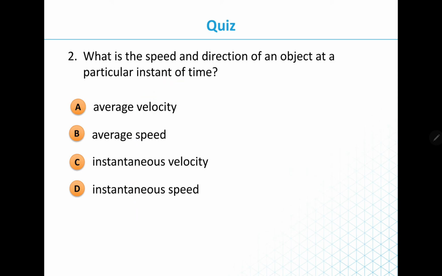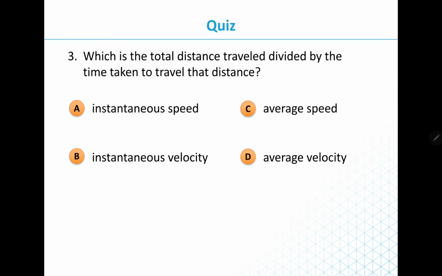Which one is the correct answer? Question number 3, which is the total distance traveled divided by the time taken to travel that distance? Here we have a definition. So this is the definition of which of these statements?